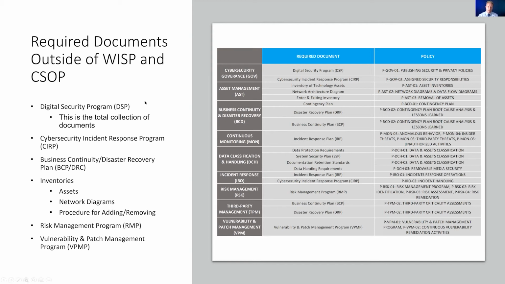So this first title here, Digital Security Program, that's sort of the overarching package that we're all putting together. It includes the WISP document that's very simple and doesn't require much in the way of customization. In fact, we can pretty much just review it and adopt it.